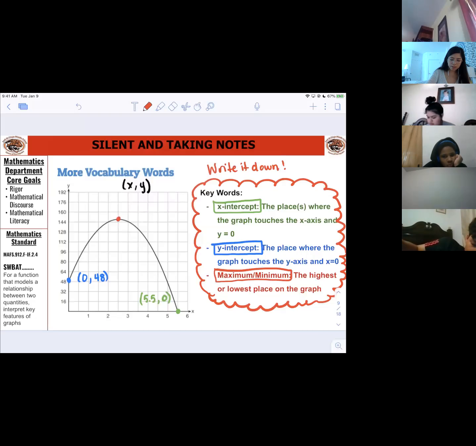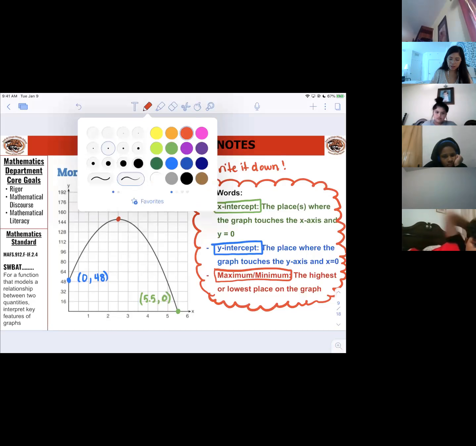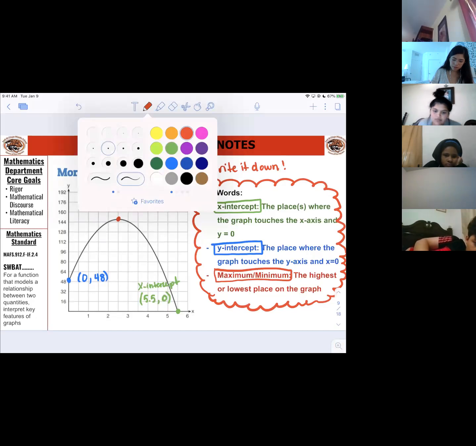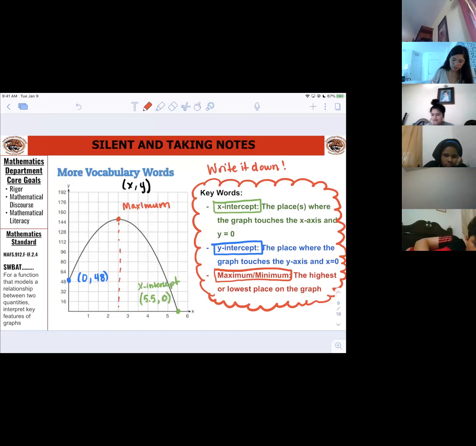So I'm looking at the tippity top. And what coordinate point is that maximum located at? 2.5, good. So I'm looking down right here. I'm at 2.5, comma what? A little bit higher than 140, so I'll say 145.